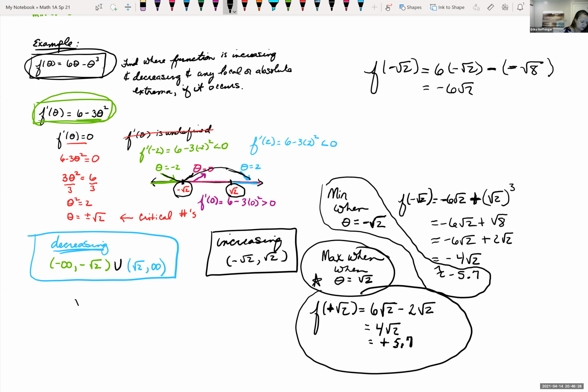I know it's decreasing until I hit negative root 2, and then I'm coming back up and I'm increasing until I hit x equals positive root 2, and then I'm decreasing forever. And so if that's the case, there's no highest value and there's no lowest value. And so these would be local max and local mins.